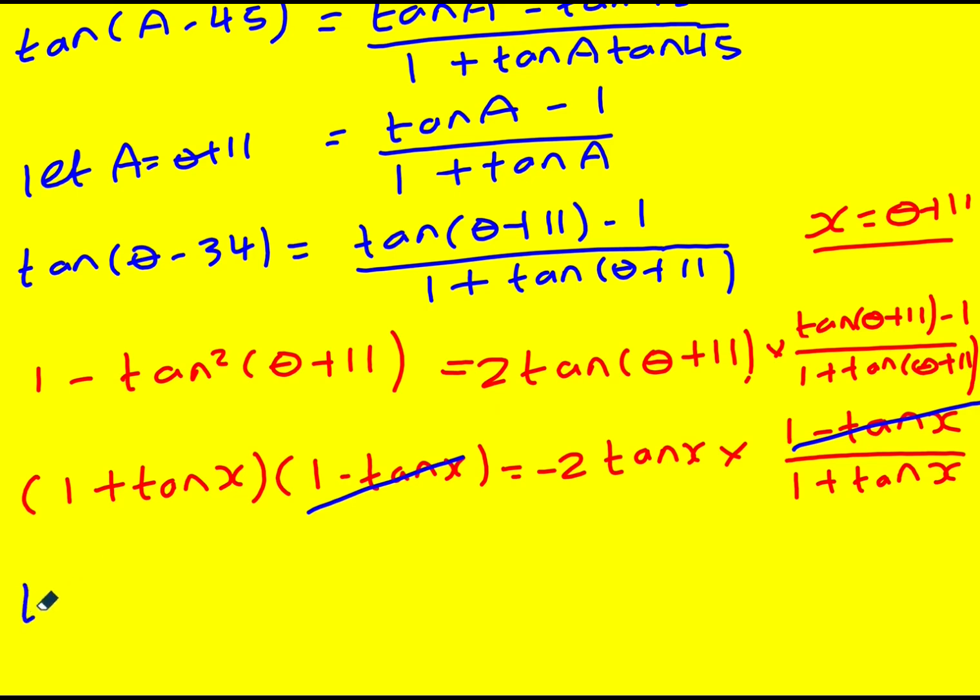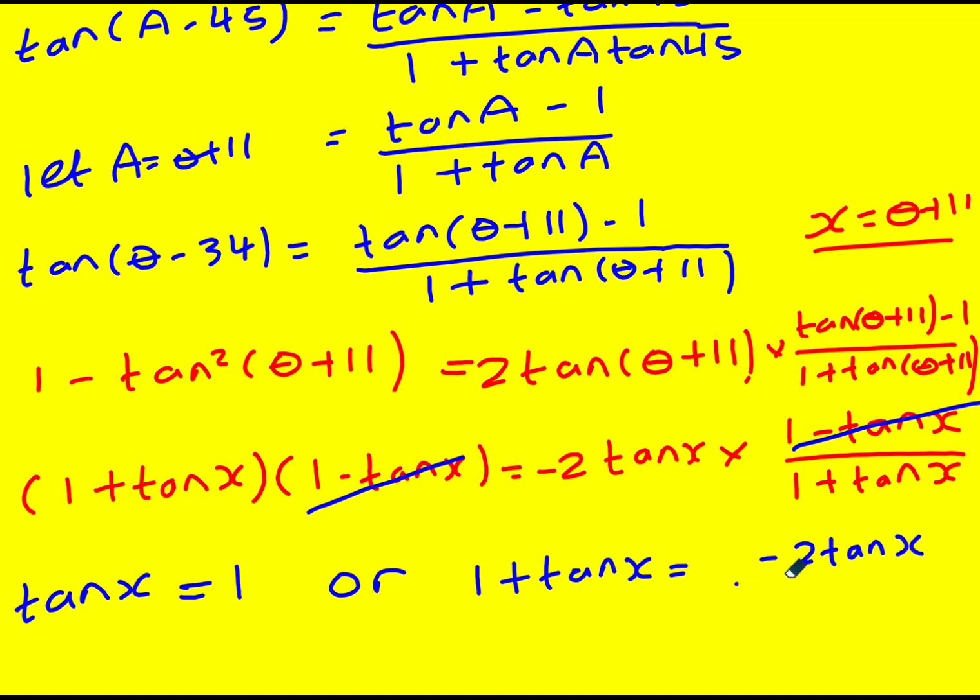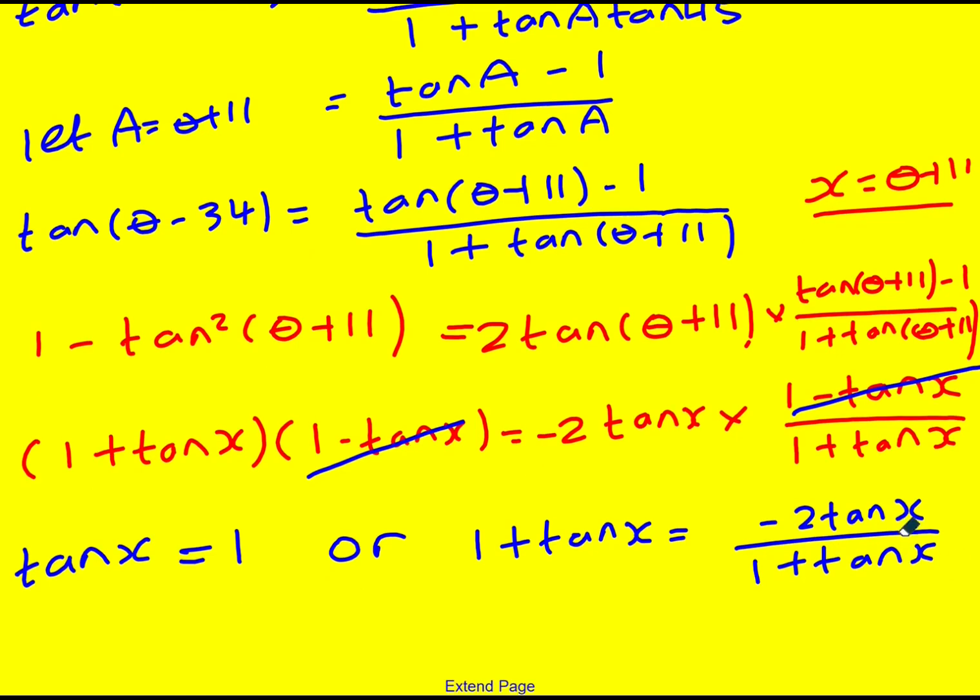Except I need to include the fact that it could equal 0. So tan x equals 1, or 1 plus tan x equals minus 2 tan x over 1 plus tan x.